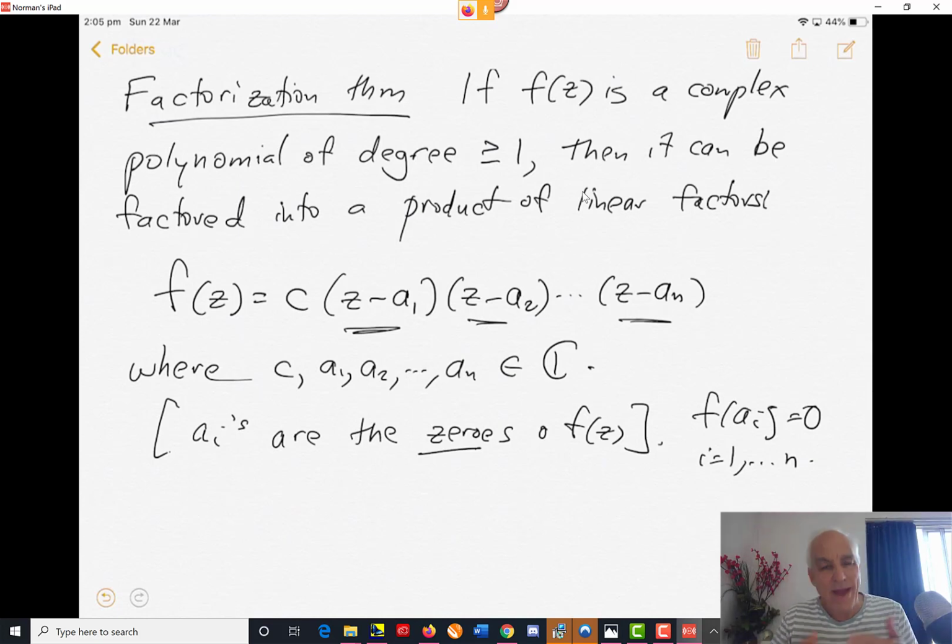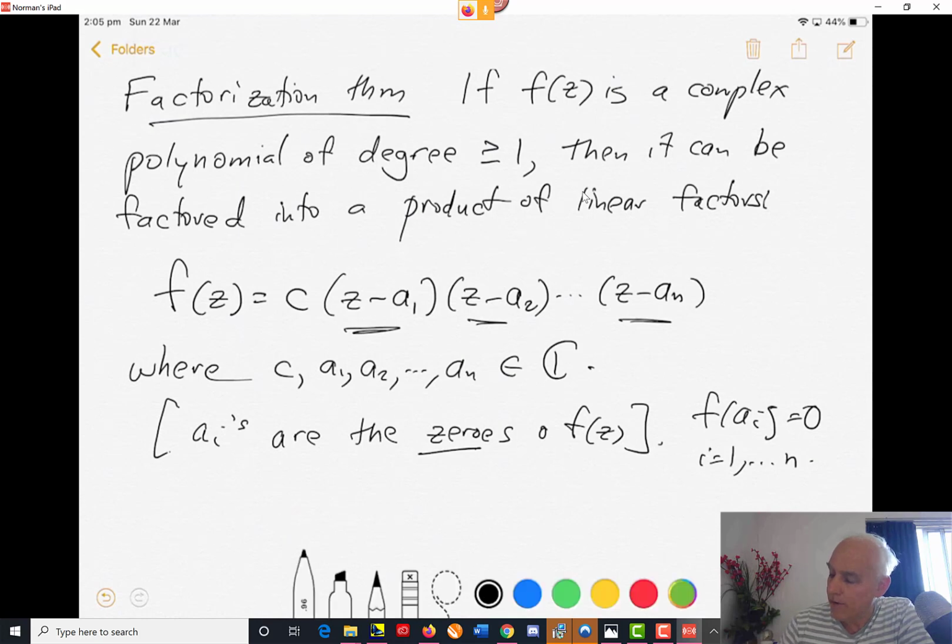In practice, with your computer you can really only get decimal approximations to zeros, approximate zeros, and then use those to cook up approximate linear factors. So the actual equality sitting here is maybe better represented by an approximate equality.